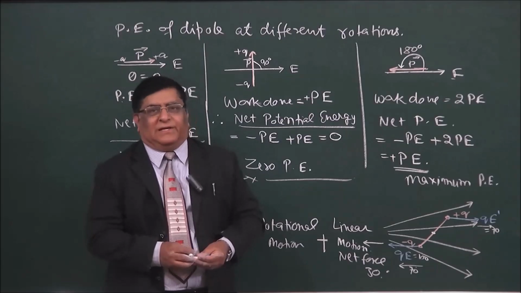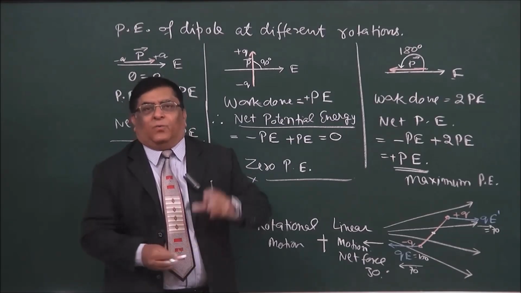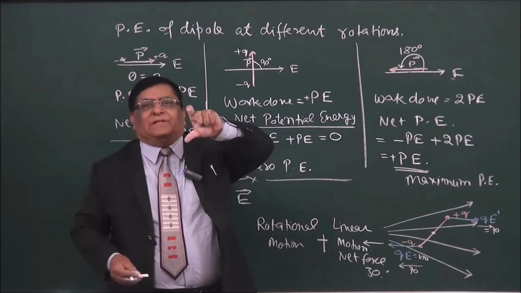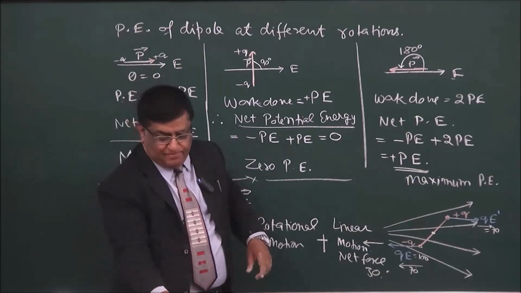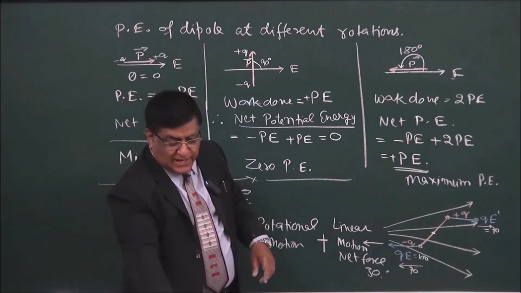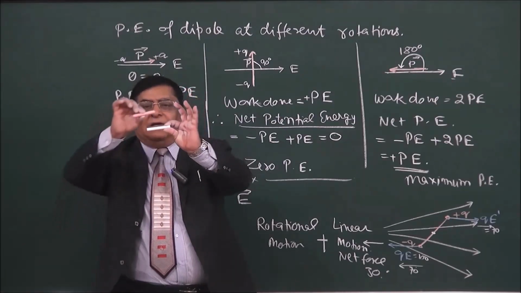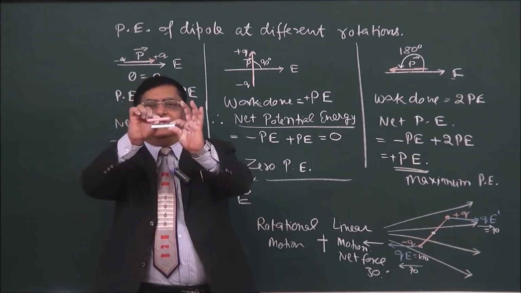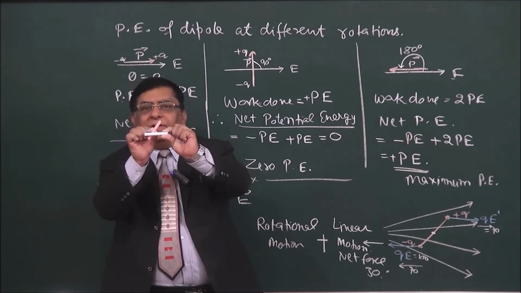Stability, non-stability, there are further things which come here. When a dipole is disturbed from its stable equilibrium position, here is a dipole, this is the direction of electric field, this is the dipole in stable equilibrium condition. I disturb it this way. What will happen?